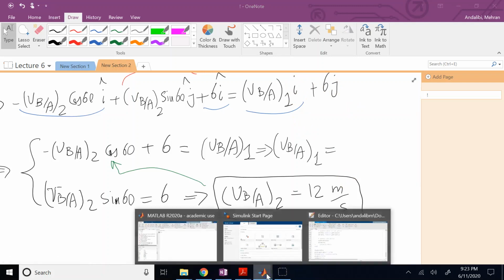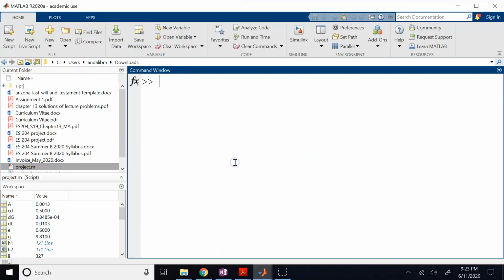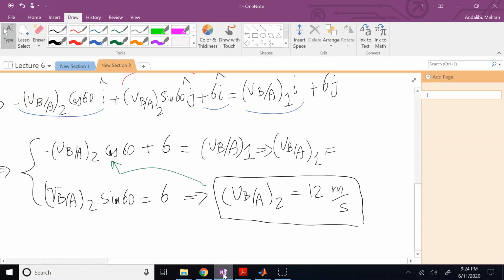Okay? So you're going to get 6 times 1 minus square root 3, which is negative 4.39. And negative means it was in the opposite direction.